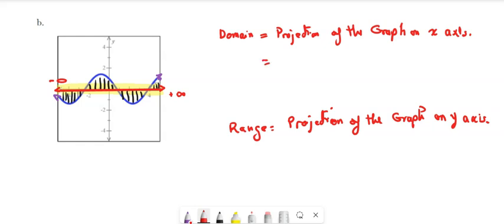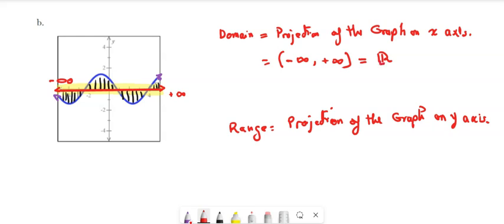Therefore this is an interval, not only dots. So you have to use interval notation, and this one you're going to start from -infinity all the way to +infinity. We can also call this R, the symbol for the real numbers.